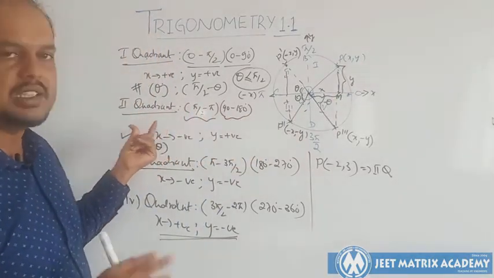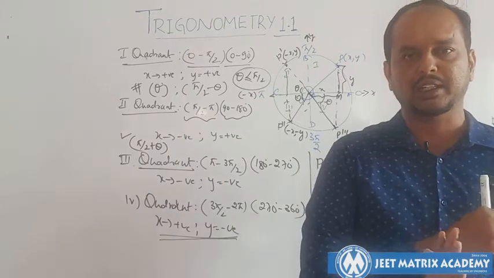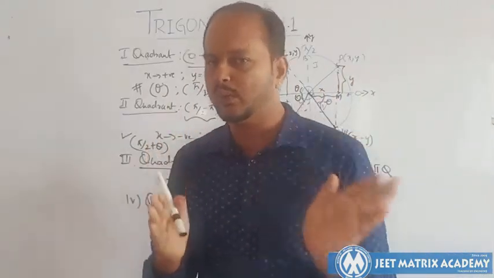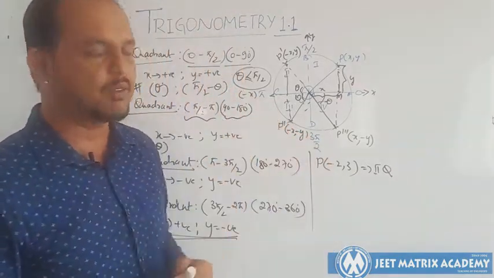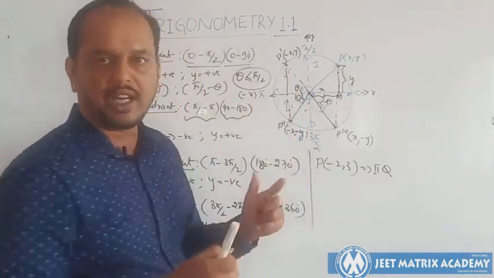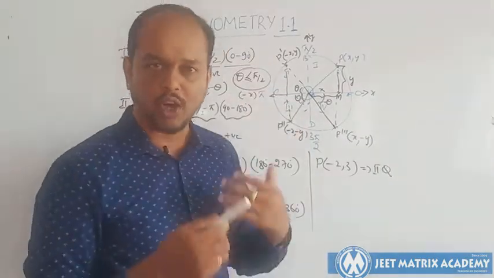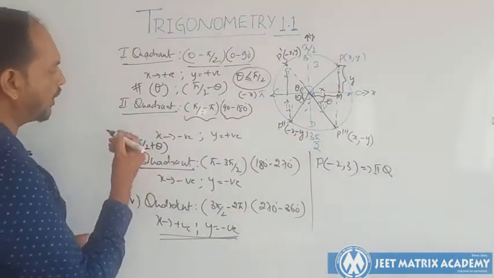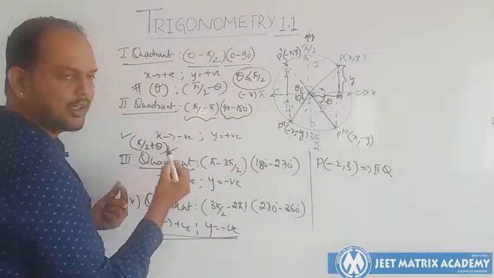Second quadrant angles always lie between, you should remember, pi by 2 to pi, or 90 to 180 degrees. How you can represent? Two ways. One is by coordinates: your x coordinate is negative, y coordinate is positive. Or you can say 90 plus theta. Am I right? 90 plus theta. That is one way.